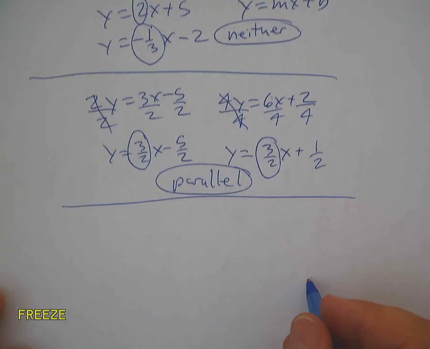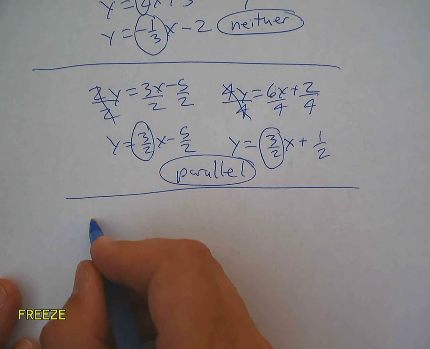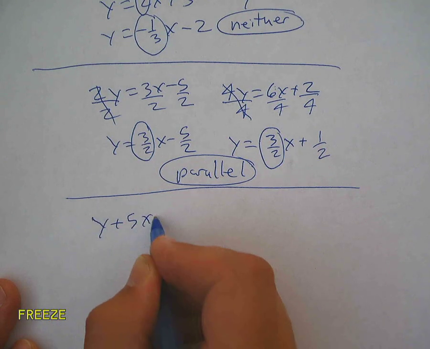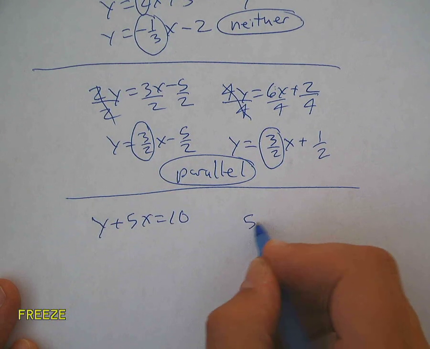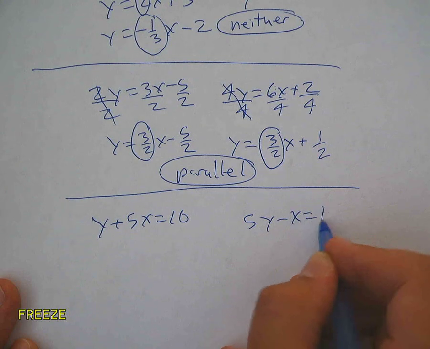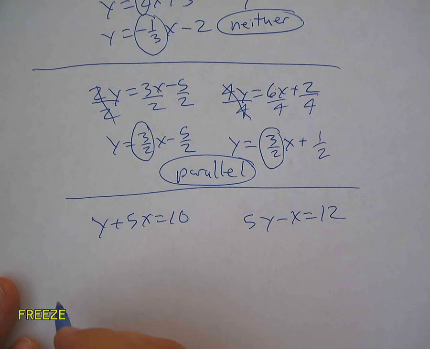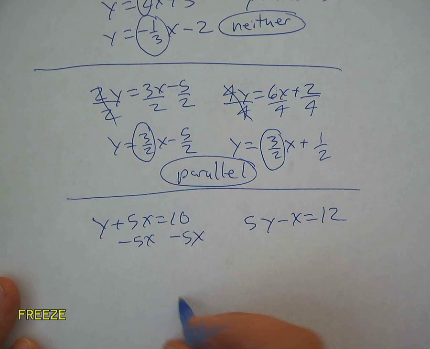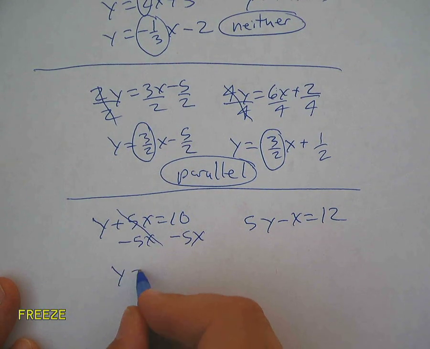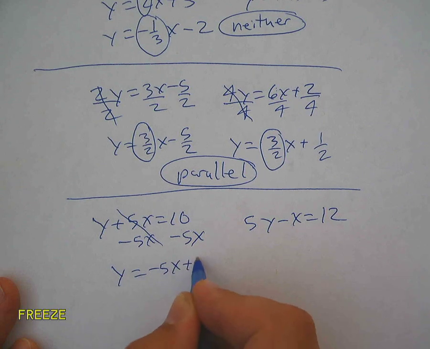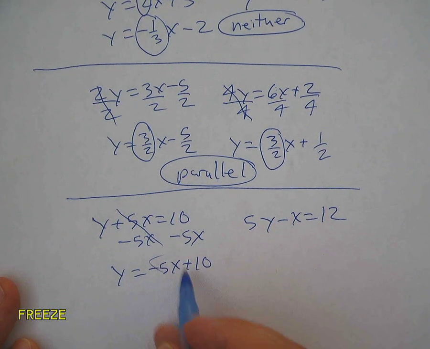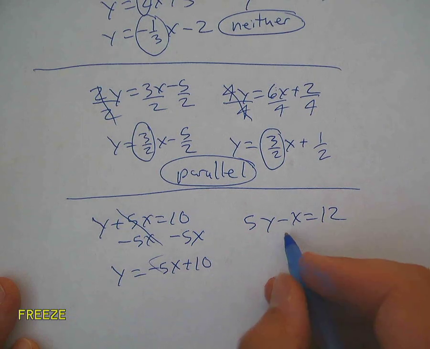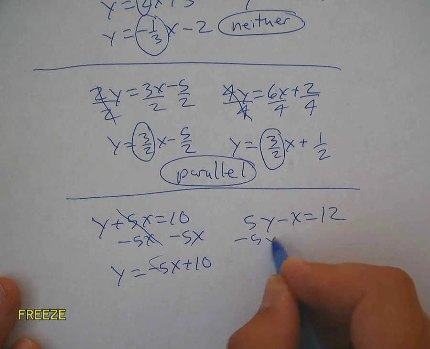All right, last example I have for you. I have y plus 5x equals 10, and I have 5y minus x equals 12. Again, I have to solve them for y equals. So I'm going to subtract 5x from each side over here, and I'm left with y equals negative 5x plus 10. Always put the x's first on this side. Then over here, I'm going to subtract 5y from each side.